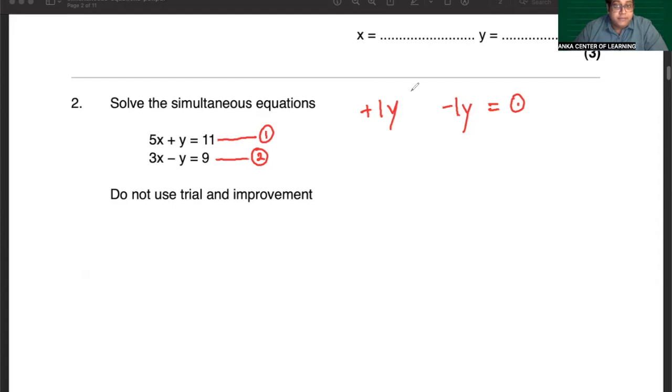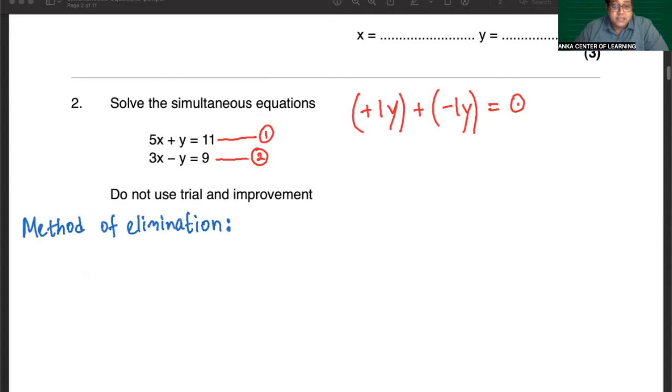Always remember, if you have such a scenario, what we do is we simply add the two equations, because if and only when you add two opposite signs, you get 0. In order to eliminate, we are going to use the method of elimination. Again, as the name implies, we will be eliminating one of the variables.